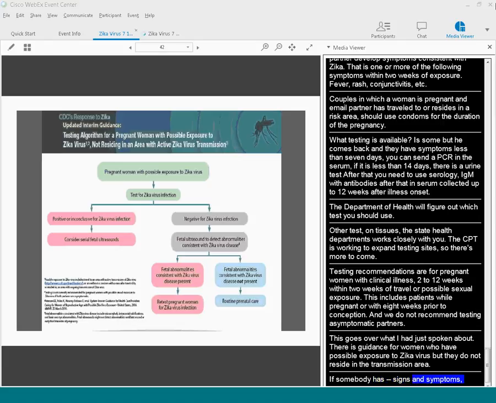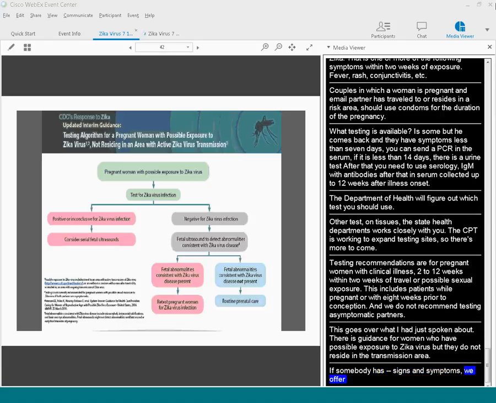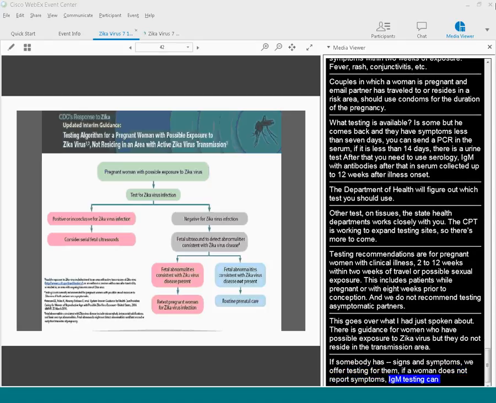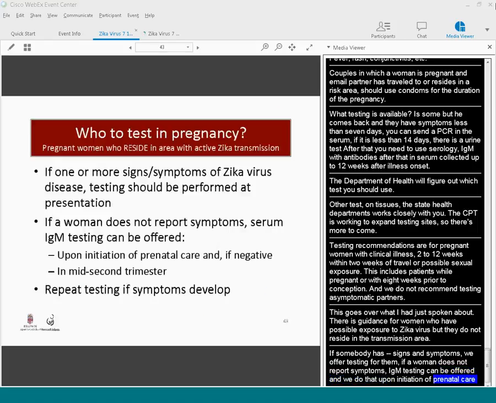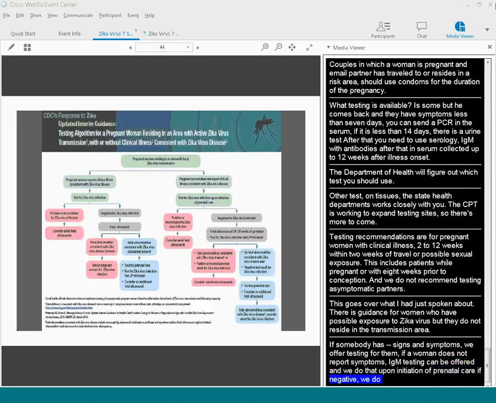If a woman doesn't report symptoms, then serum IgM testing can be offered, and we usually do that upon initiation of prenatal care, and then if it's negative, in the mid-second trimester. And again, if symptoms ever do develop, repeat testing is offered.